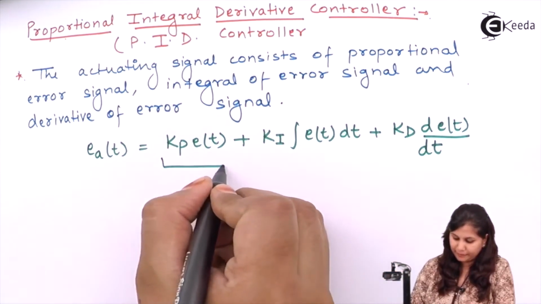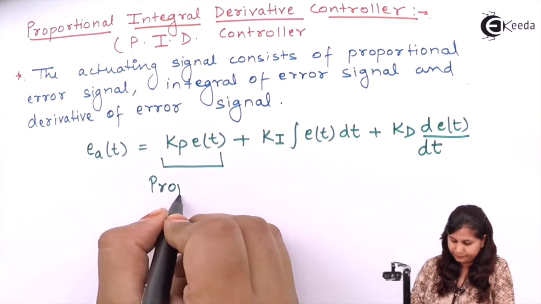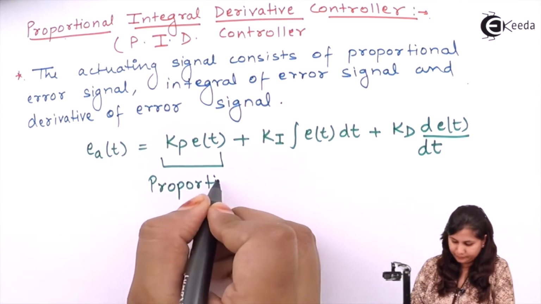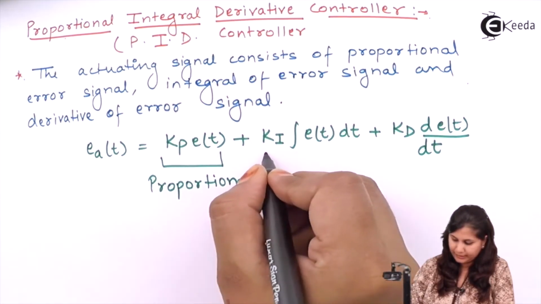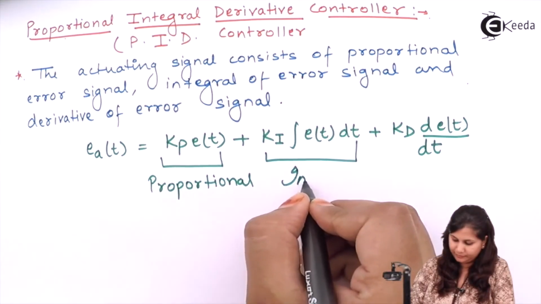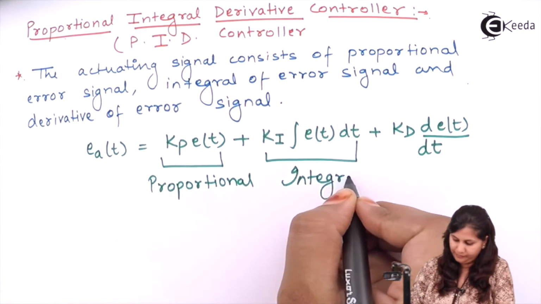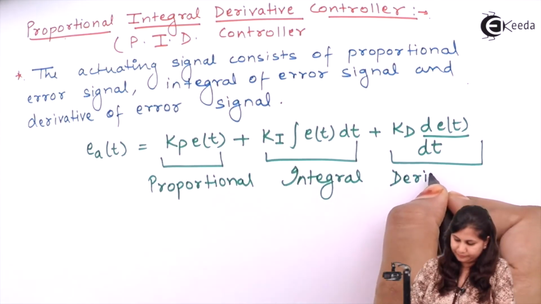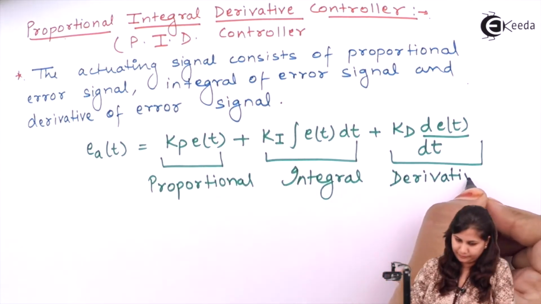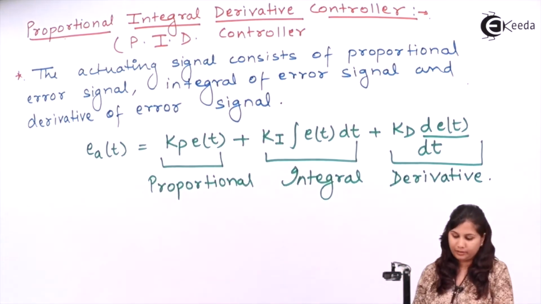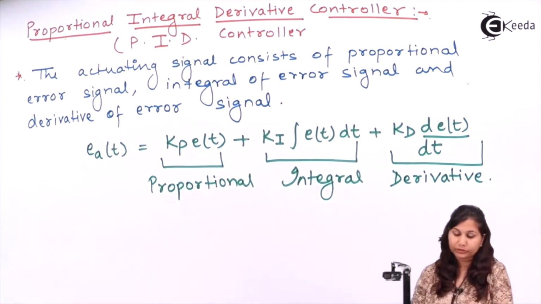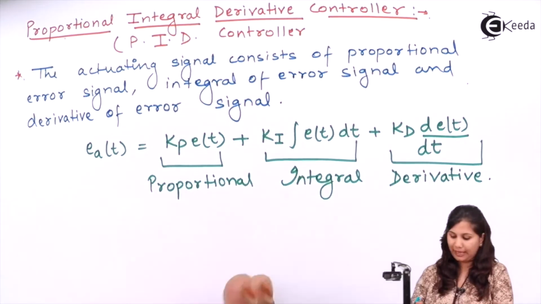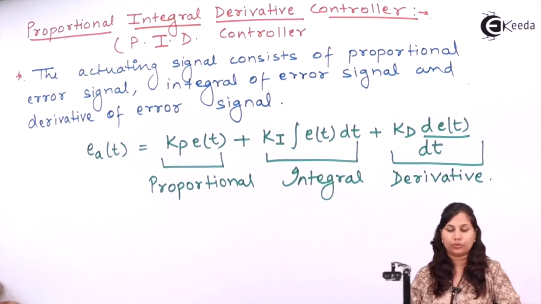So this is proportional, this is integral, and this is derivative. Now let us draw the feedback control system having these three controllers.